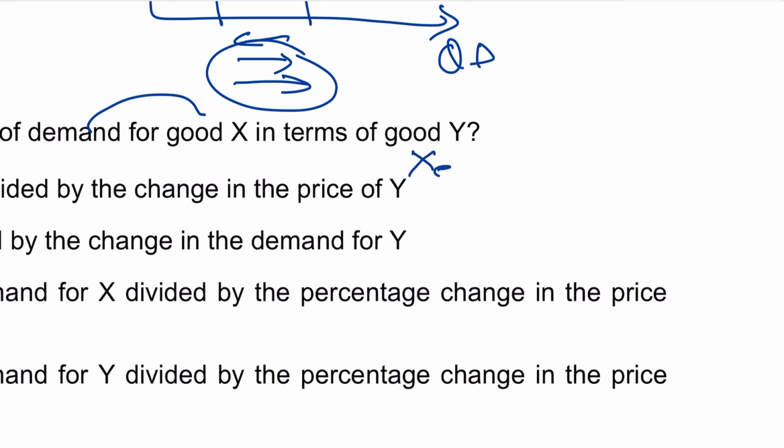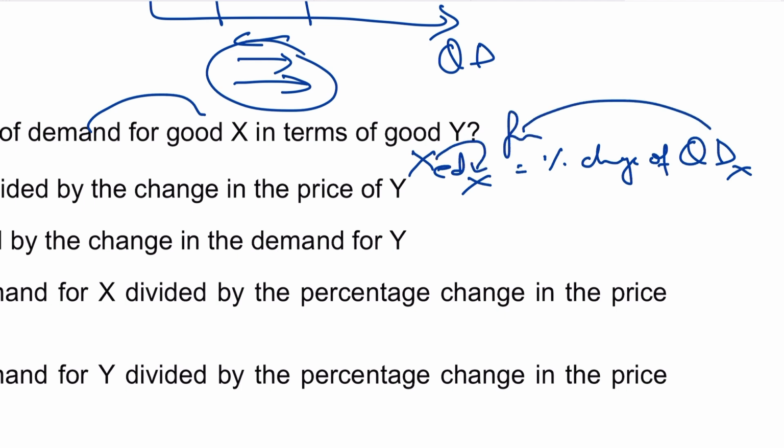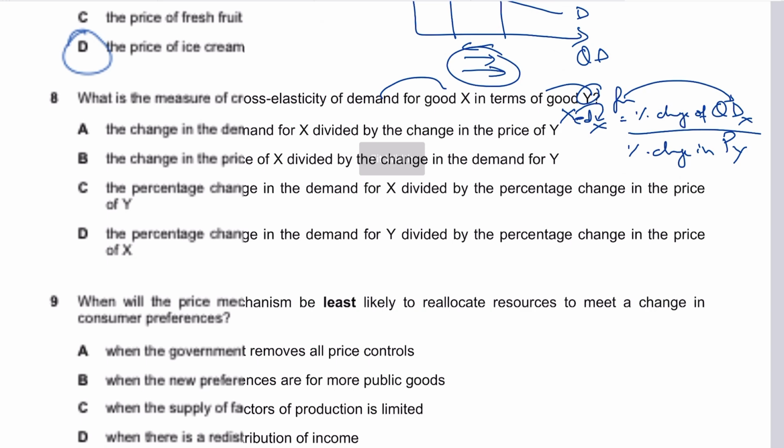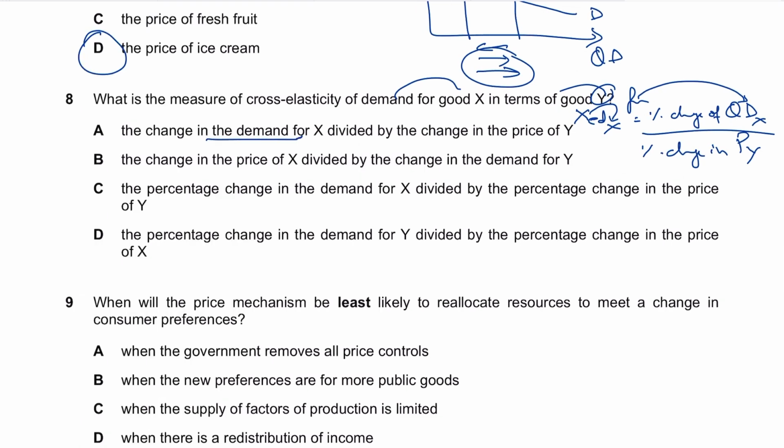So if you're calculating the XED for good X, we take the percentage change in quantity demanded for good X, divided by the percentage change in the price of the other good, which is Y. It's not a change in demand, it's a percentage change in demand. So that makes C the right answer: the percentage change in demand for X divided by the percentage change in price of Y.